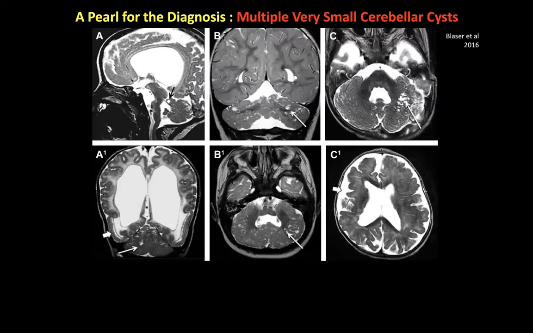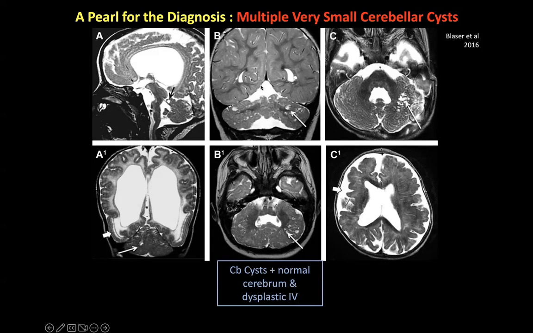Let's focus now on the cerebellar cyst. Very rare to have cerebellar cyst, especially microcyst. We have three forms. We have seen already here on the left the congenital muscular dystrophy, Walker-Warburg, but you can have a situation where you have this abnormal fourth ventricle, abnormal cerebellum with the microcysts, but completely normal cerebrum. And this is typical of LAMA1, Poretti-Boltshauser disease.